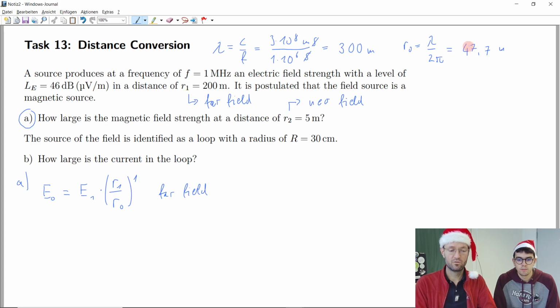From the far field to the transition distance, and then from the transition distance into the near field distance, E2 equals E0 multiplied with R0 divided by R2, and here we need to use an exponent of 2. This is the near field thing.